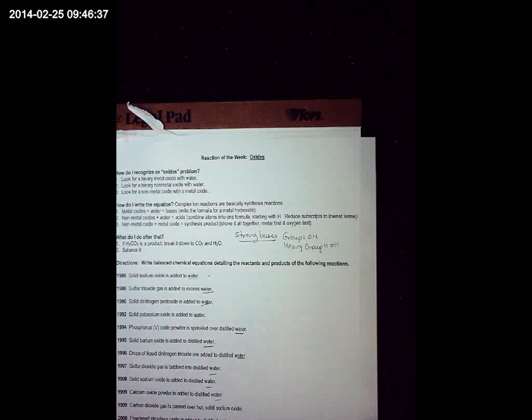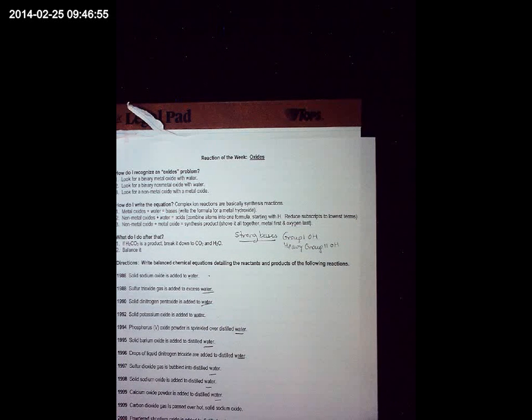What I mean by heavy group 2 is, remember this is group 1 right here, first column. By heavy group 2, I mean the heavier members of that family. All right? So if you produce one of those bases, they're strong, on the right-hand side, you split them into ions.